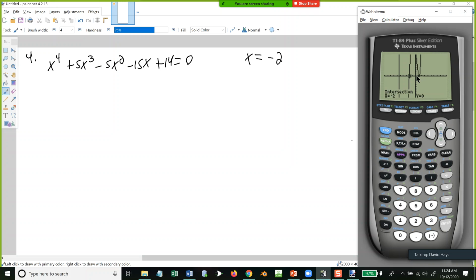Let's put 0 in for the guess, see if we can find this one on the left side where it comes down just a little bit. Might be 1. Second trace, choose intersect. Enter 0. X equals 1.